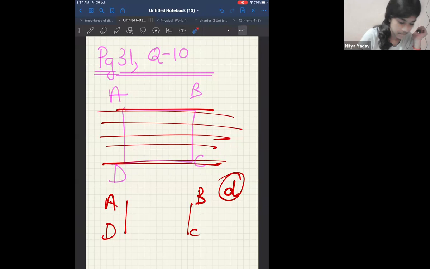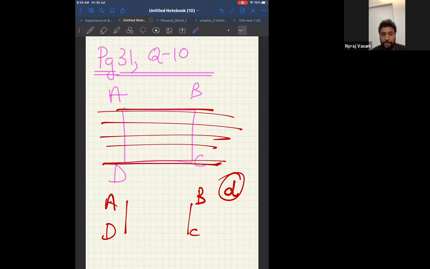Option B will be the answer for question number 31. Others try to answer. Answer will be 2 ampere. That is option B. Just check if everyone is getting it. It is a direct substitution of our formula.